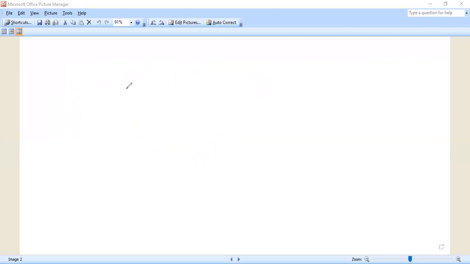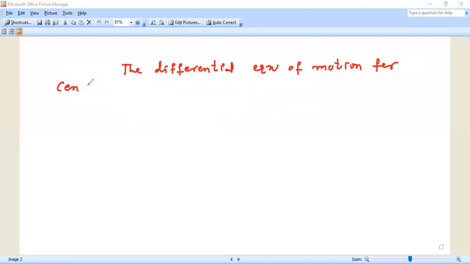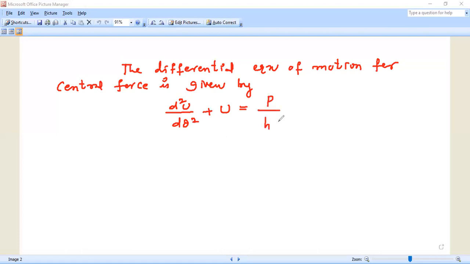Therefore, since it is the central force, the differential equation of motion for central force is given by, as we already proved in the previous class, d square u by d theta square plus u is equal to P by h square u square.